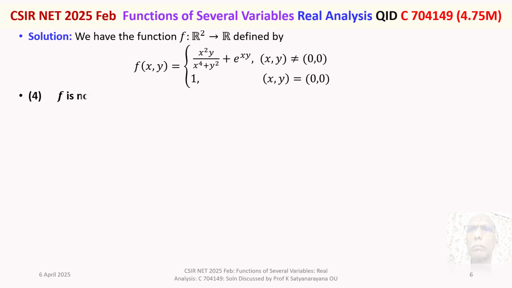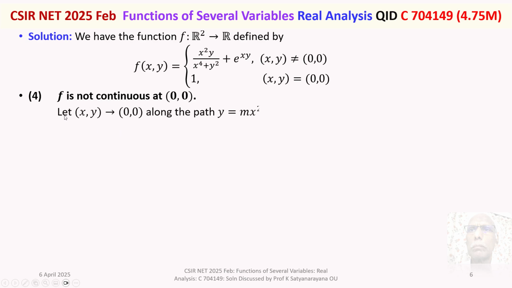Agreed. Now let's consider option 4. F is not continuous at 0 comma 0. Is it so? So we will now consider the ordered pair x comma y tending to 0 comma 0 along the path y is equal to m x square.